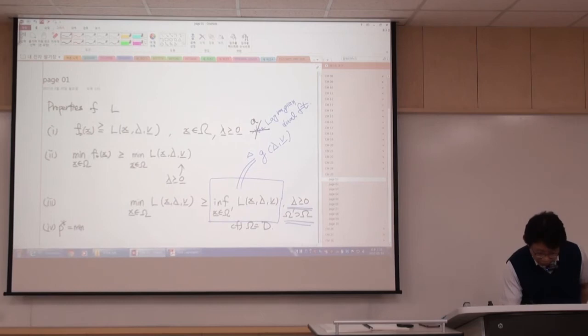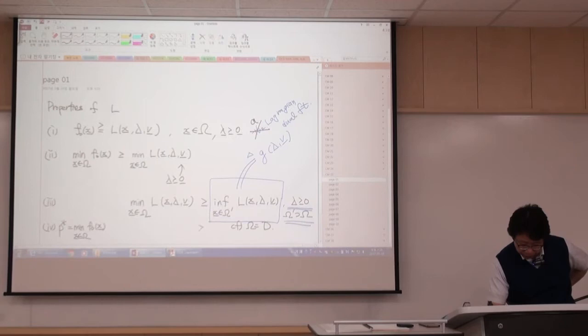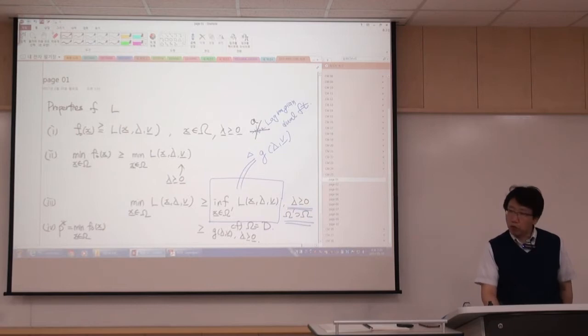So the minimum of f0 subject to x in omega is now, let's see here, g of lambda nu for lambda greater than or equal to 0. And this holds for all lambda and nu. Am I right?